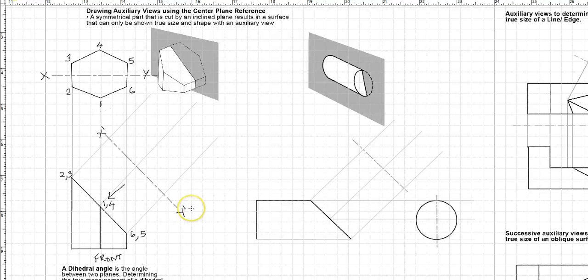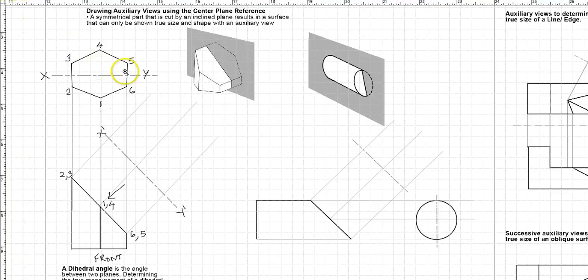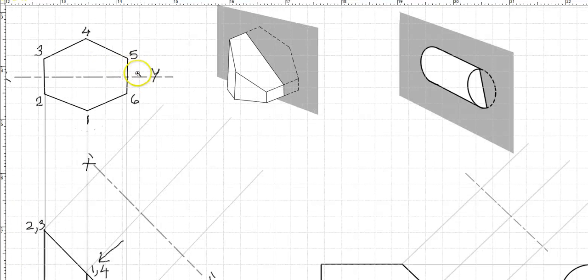The next step that we have to work on over here is the distances from the center to these edges. We are going to measure those and transfer them from this center to our edges on this side. Okay, so let's do that. For that, I'm going to zoom in a little bit because this is where I'm going to get my dimensions from.